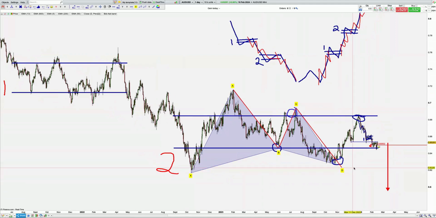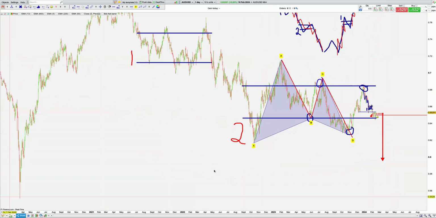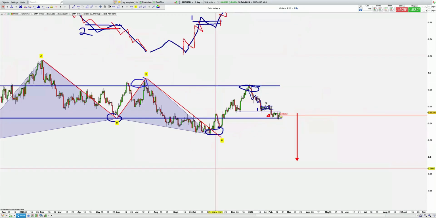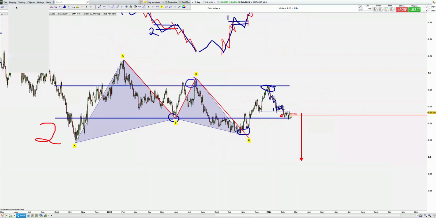So it could come here and bounce and chop again. But I do expect us to get all the way down to here. And it's given its hand away here. So it's really a gimme for next week. So yeah, AUD USD, that looks really good. Short.